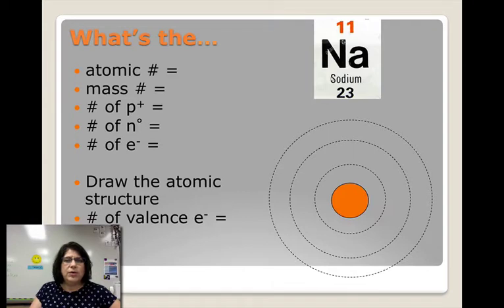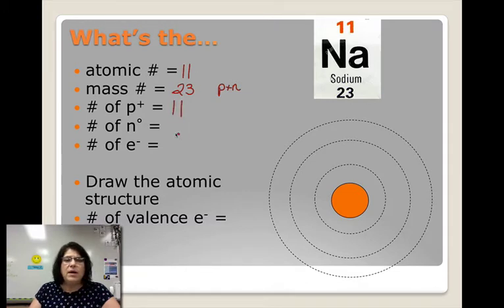Here is sodium. Its atomic number is 11. So we're going to put that there. The mass number is a larger number on the square, so that's going to be 23. This is rounded. The mass number is protons plus neutrons. Remember that? So we're going to put that there for a second. The number of protons, hopefully you remember, is the same as the atomic number, so that's easy.